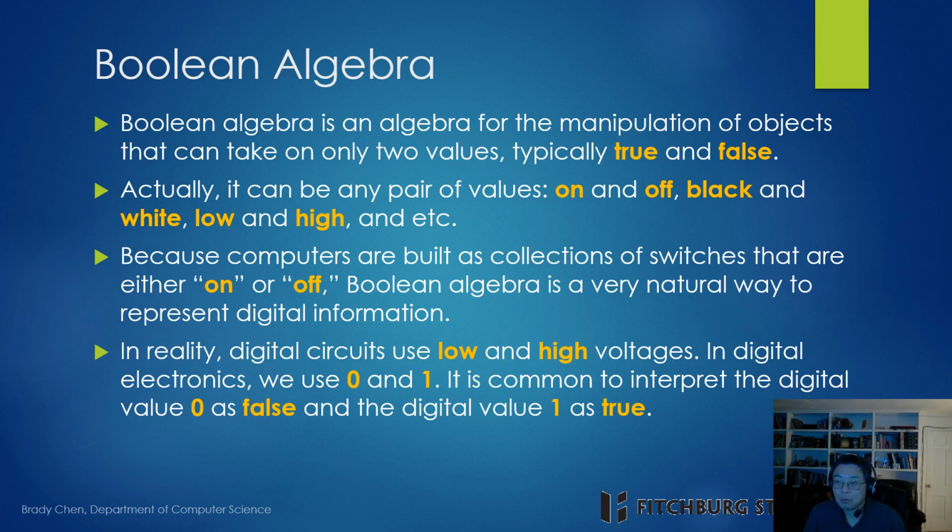Because computers are built as collections of switches that are either on or off. Now we want to use the computer to solve some problems which are more general than just a proposition. So now Boolean algebra is a very natural way to represent this digital information.